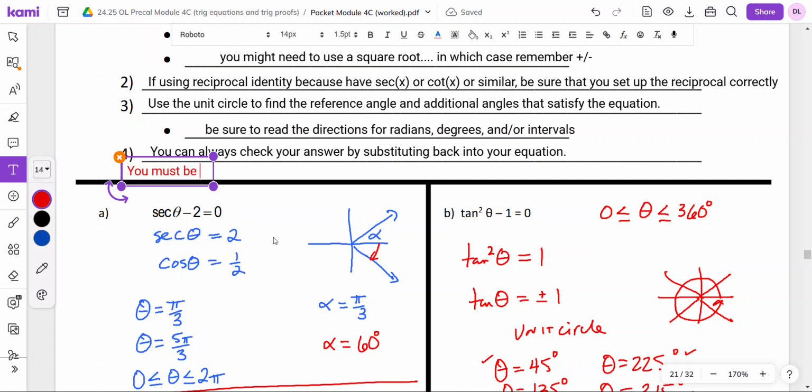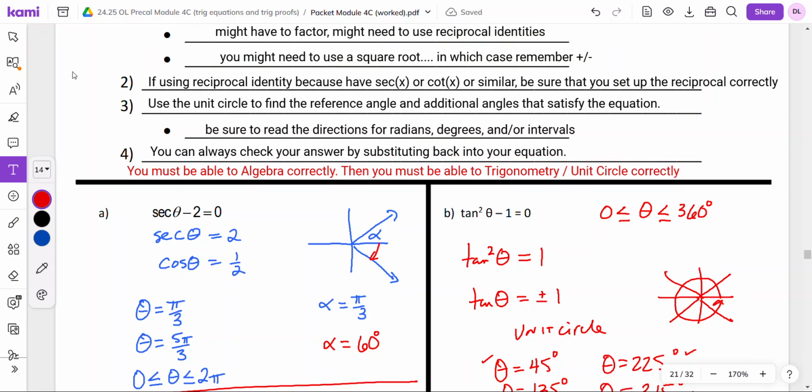You must be able to do the algebra correctly. Then you must be able to do the trigonometry of the unit circle correctly. If you have an error in the algebra, well, your work's going to be incorrect. If you have an error in the trigonometry of the unit circle, then your work's going to be incorrect, right?